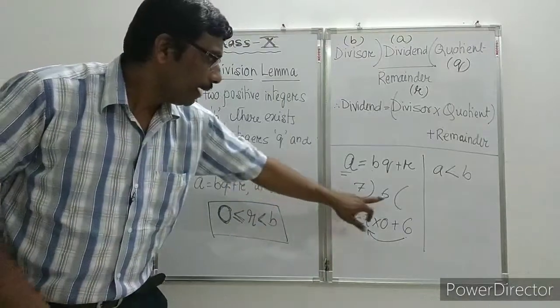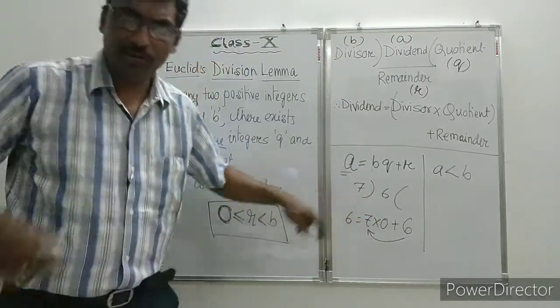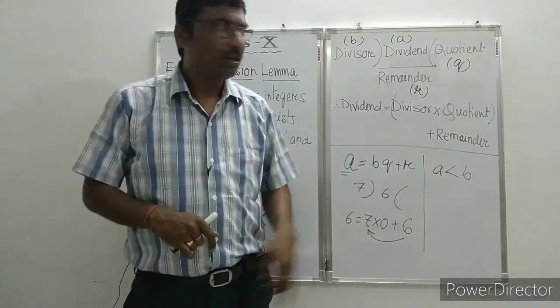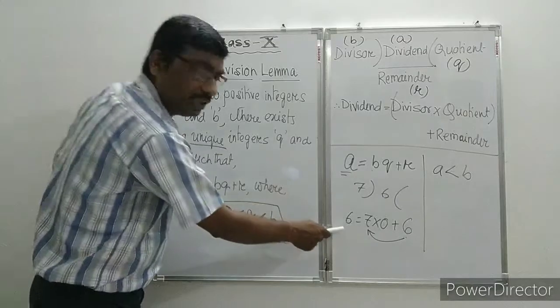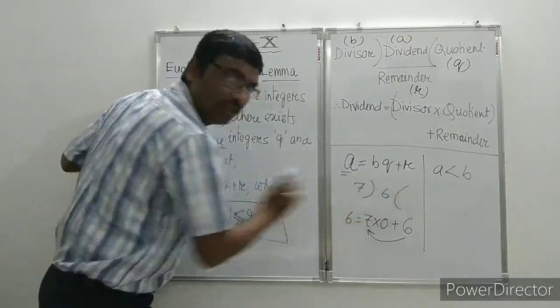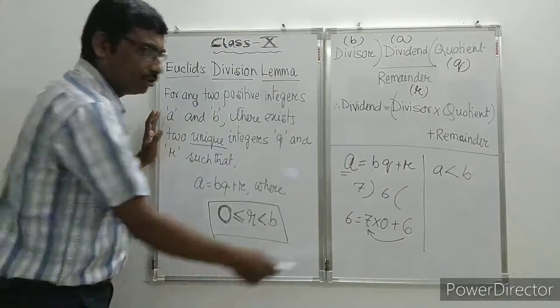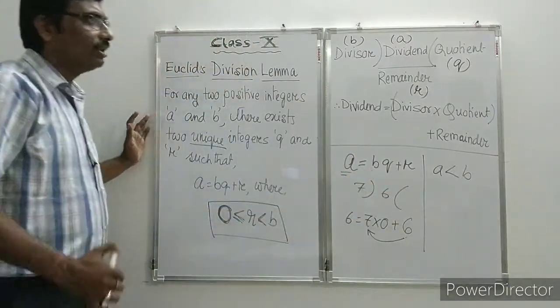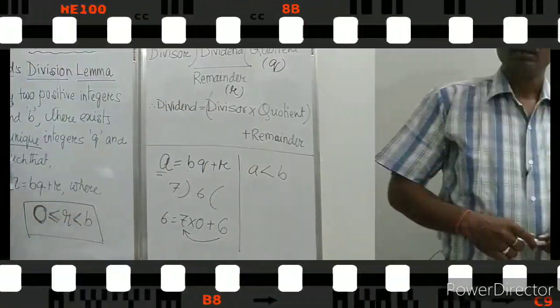I have taken a as 6, b as 7. Can you divide 6 by 7 in Euclid's division lemma? Yes. How? 6 equals 7 into 0 plus 6. So in those cases, you will get the quotient as 0.